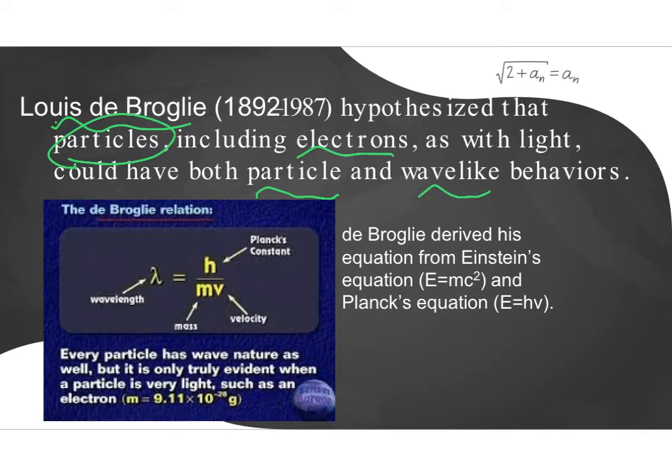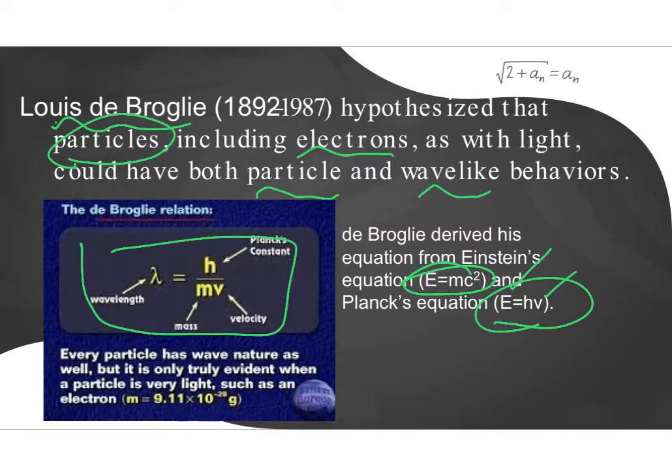And so de Broglie kind of merged Einstein's equation relating energy to the speed of light and mass, and then Planck's equation relating energy of light to its frequency, and came up with de Broglie's equation. We are not going to do calculations with de Broglie's equation, but I do want you to understand some relationships that come out of this.